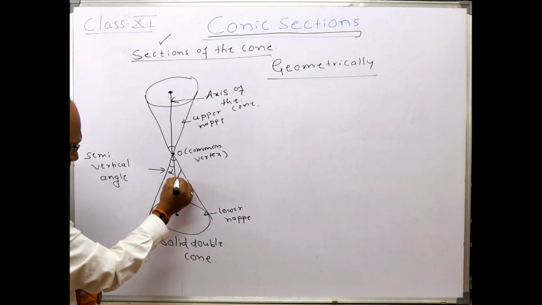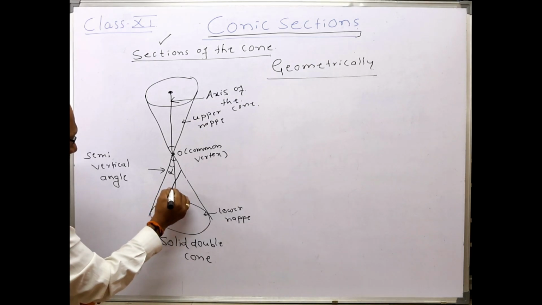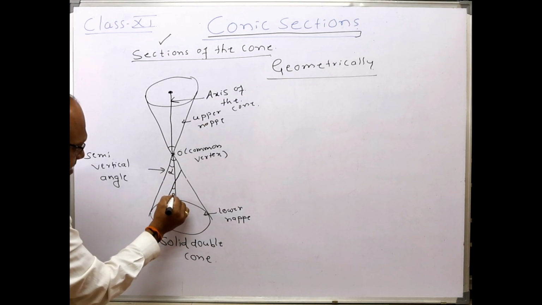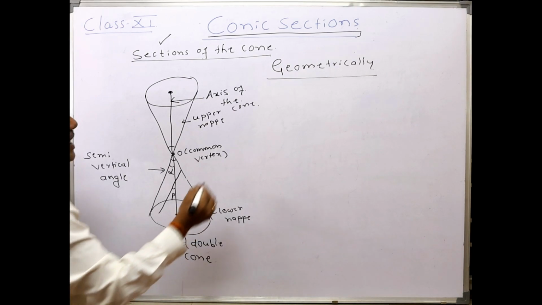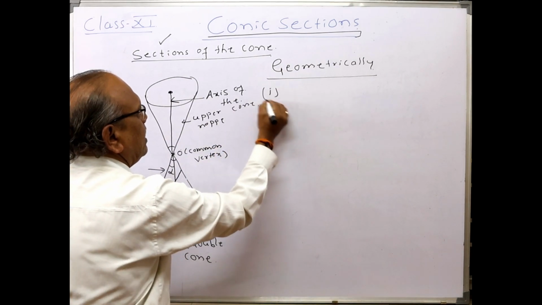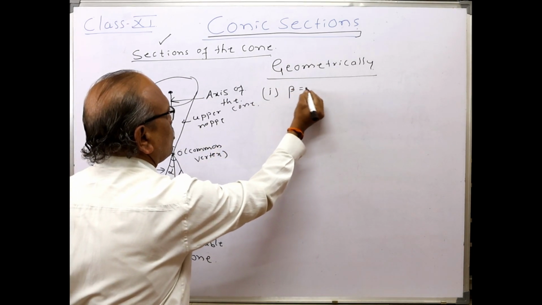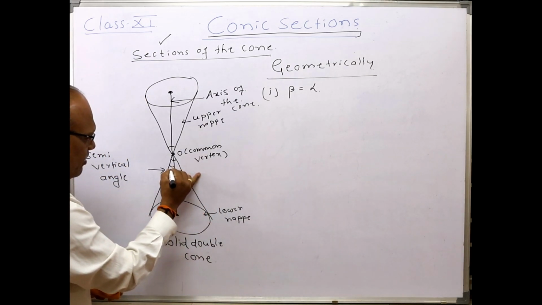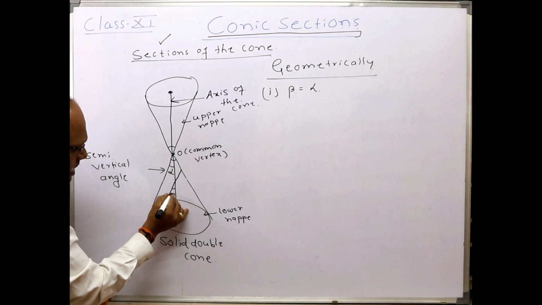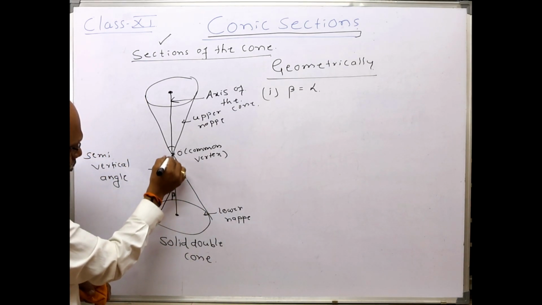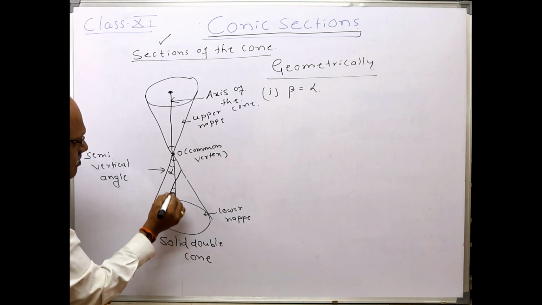Say, if I draw a parallel line here, so that these corresponding angles are beta. Suppose that I slice the solid double cone at an angle beta is equal to alpha. Suppose alpha is 30 degree, this will also be 30 degree because I am drawing a parallel line to this particular side.